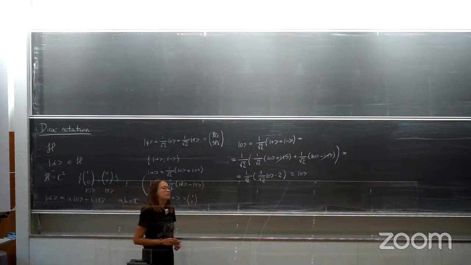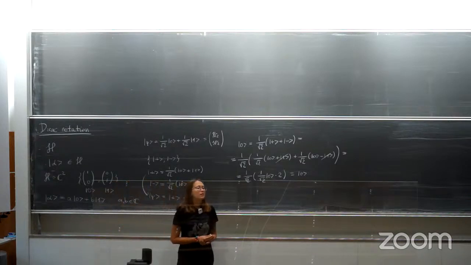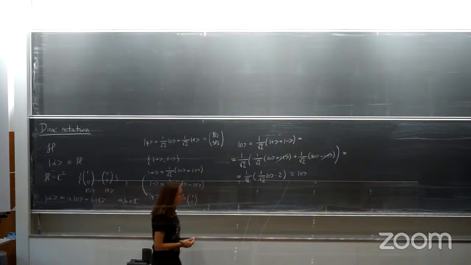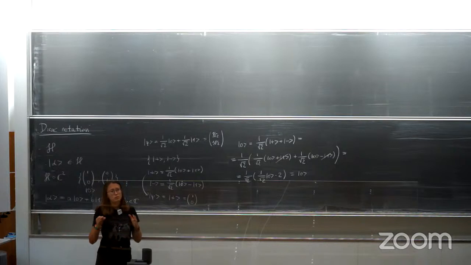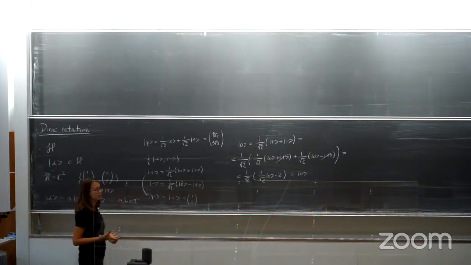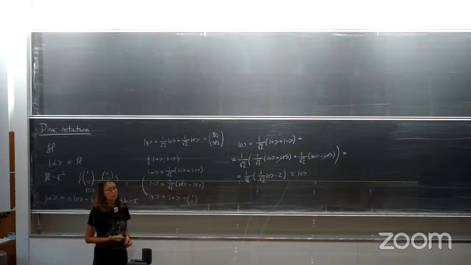Yes? Why are plus and minus vectors useful? This is useful also for the quantum computing cases. For example, there are certain gates in quantum computing called Pauli gates: the X, Y, and Z gates.